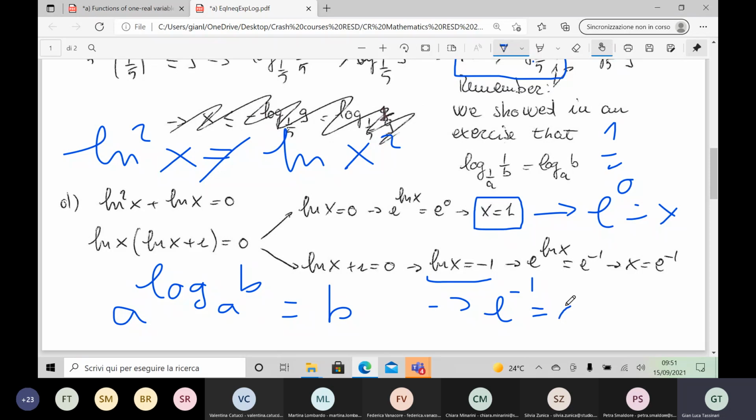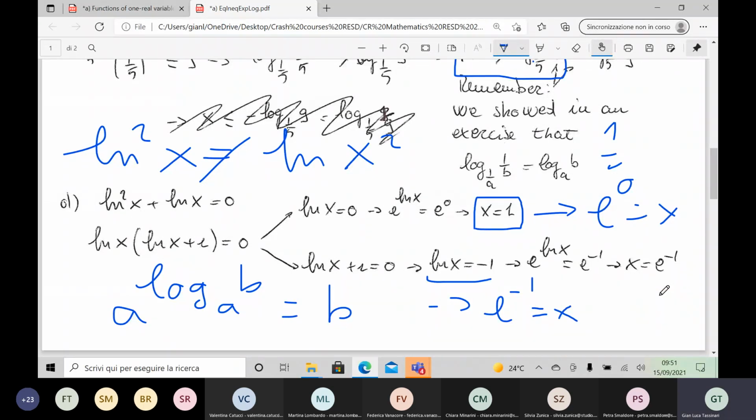You see, same. So here I did all the steps, here instead I applied simply the definition of logarithm. So how many solutions did we get, guys? We got two solutions, x equal to 1 and x equal to 1 over e. Question, guys. Are these solutions acceptable?